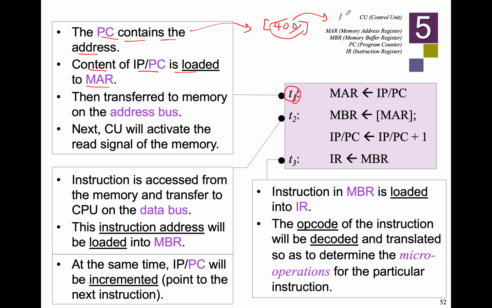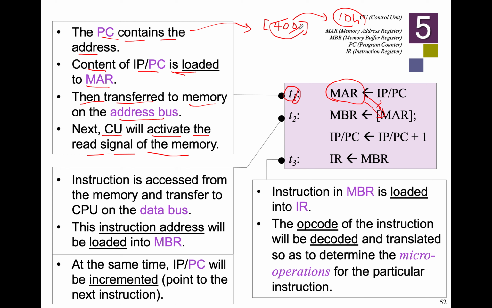Then, let's say this is a 10, right? 10 hexadecimal, let's say this value. Then you're going to load it and put it inside your MAR. You're going to then transfer it to your memory on your address bus. Next, you will activate the read signal of the memory.